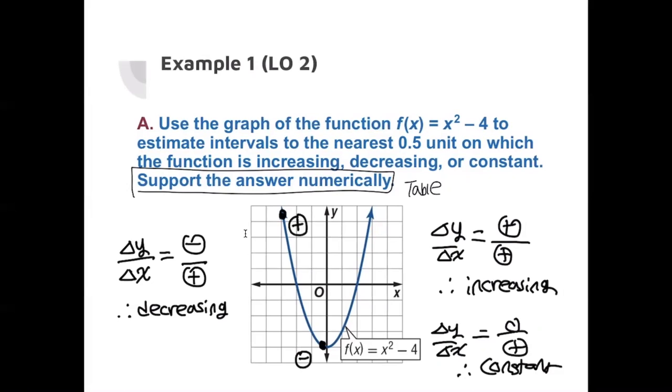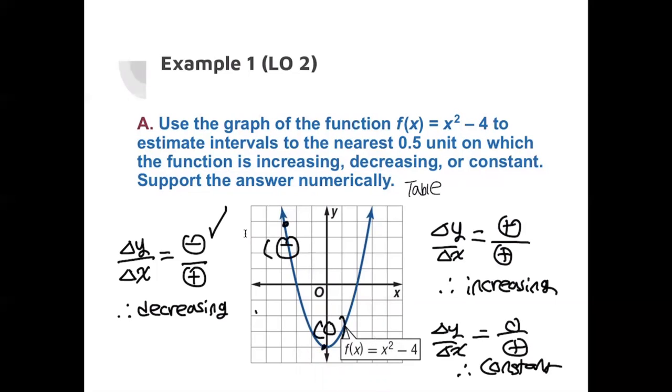And because it's f of x2 minus f of x1 for the change in y, if it's negative minus positive, it's negative, right? So it satisfies. And for the x values, this is a negative value, and this is a negative value that's close to 0. Let's say it's 0. If it's 0 minus negative, because negative, negative, it's positive, right? So this is also fulfilled. So we can say that this region that I colored in black is decreasing.